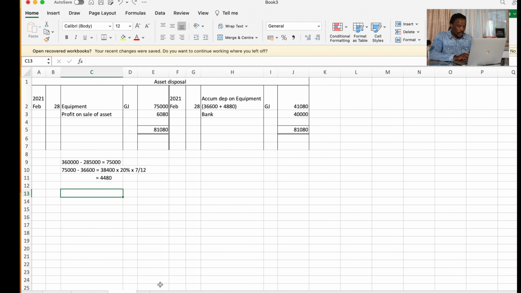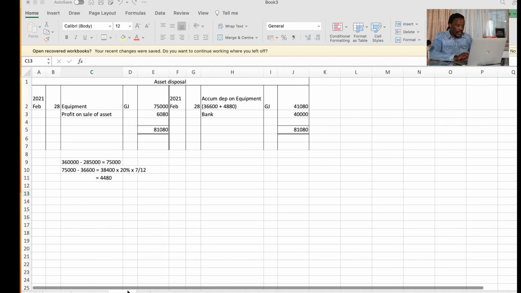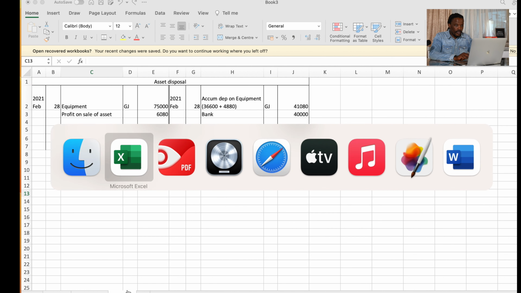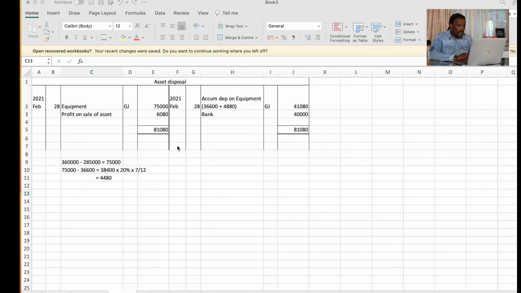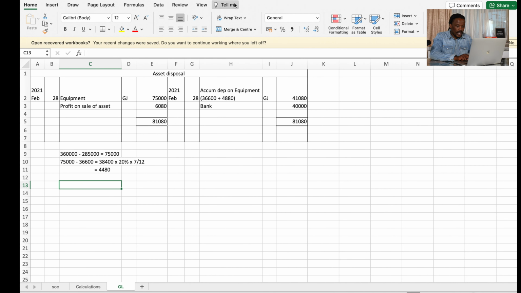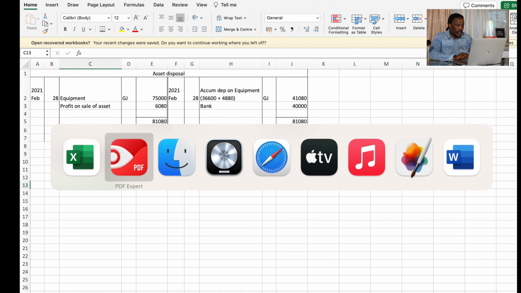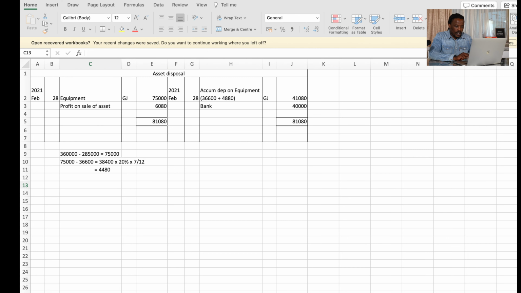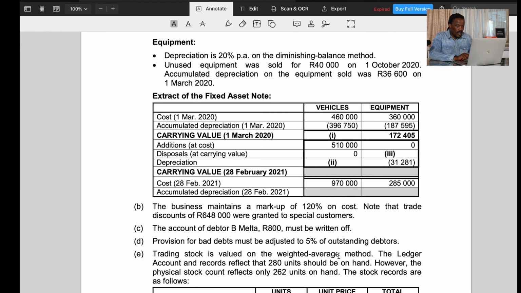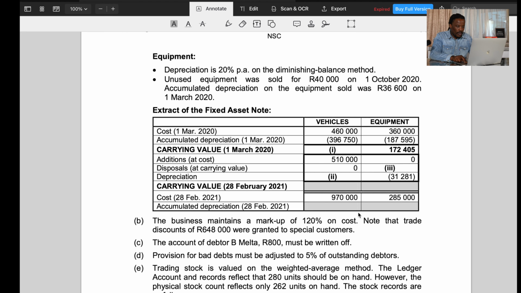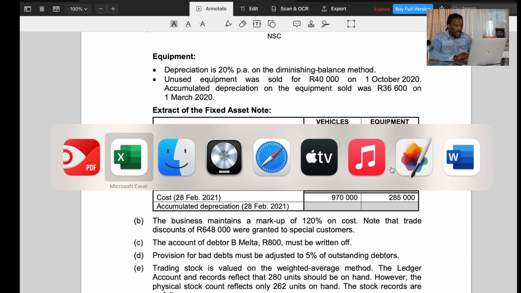Now let's look at what the question on Roman figure 3 was. Our question on Roman figure 3 was disposals at carrying amount.